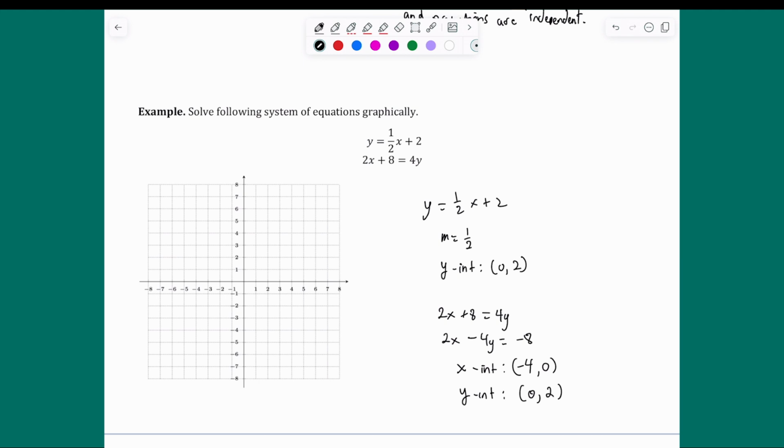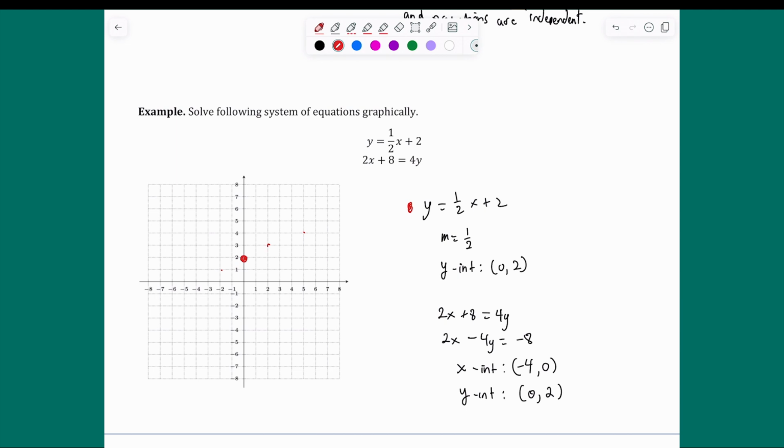Okay, so let's go ahead and plot this. I'm going to do the first line in red. So we have the ordered pair at 0, 2, and we have a slope of 1/2.